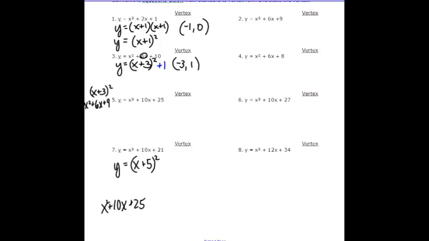I need 21. So to get that 21, I am going to, you got it, subtract 4. If I subtract 4, that gives me a vertex of -5, -4. Be careful with those subtractions, because remember, it's x minus h squared plus k. So you've got to be careful with your signs there. So that one's -5, -4.